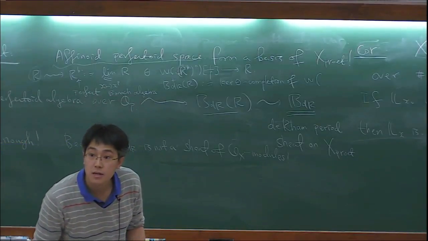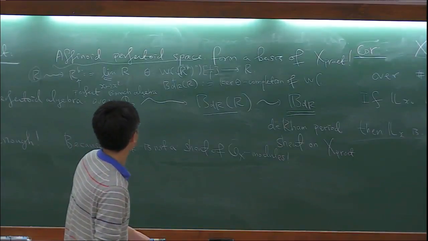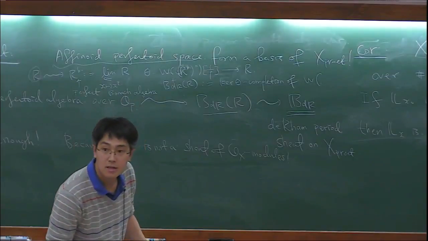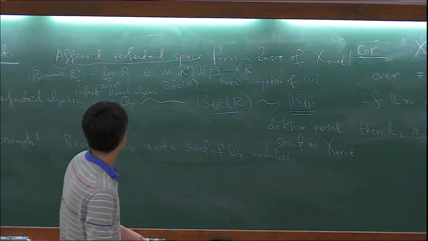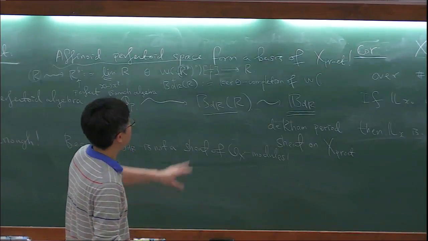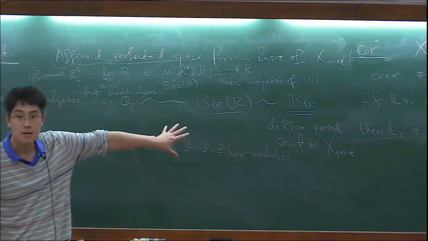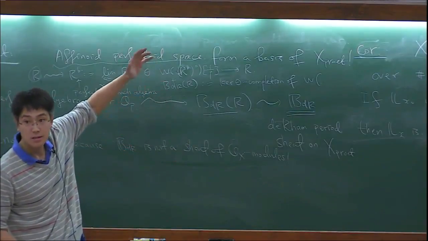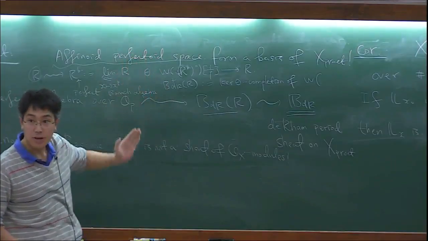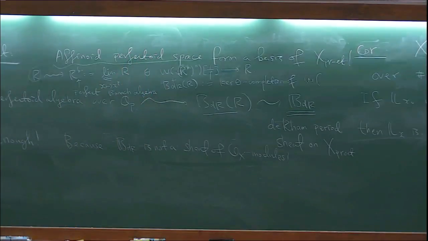Sorry? X, which one, sorry? Perfectoid algebra and X. X is a rigid analytic variety. Then you can consider the perfectoid space over X, which has a morphism to X, like in this case.